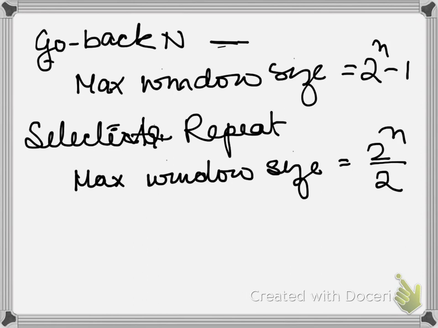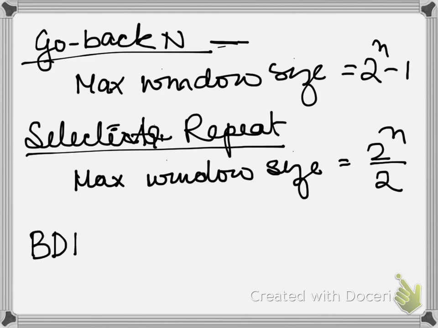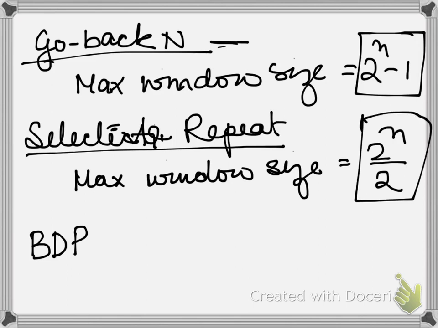Now if we have not discussed these topics, I will give you some material where you will get this. So from the BDP we get how many segments can be outstanding at a time, and then depending on which sliding window you're using, the maximum size is there. So you get a minimum window size from the BDP, and you get a maximum size from the protocol that you are going to use.